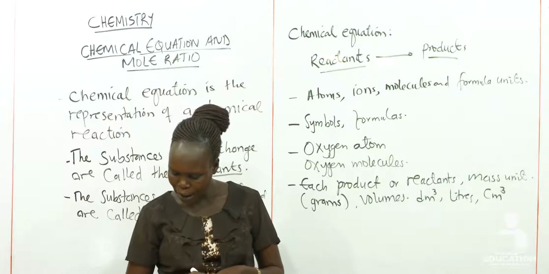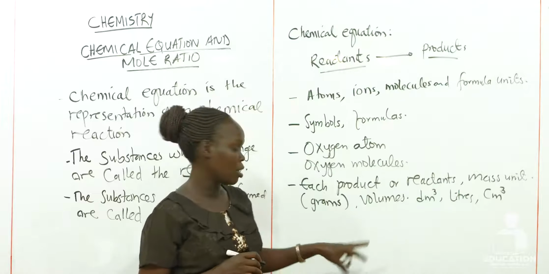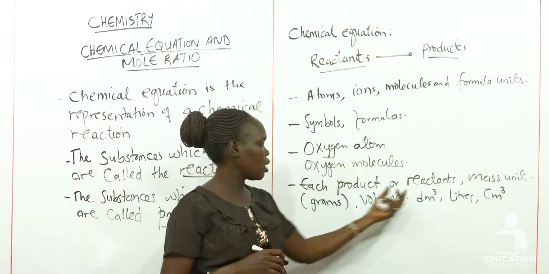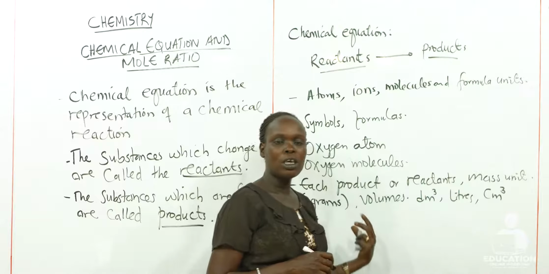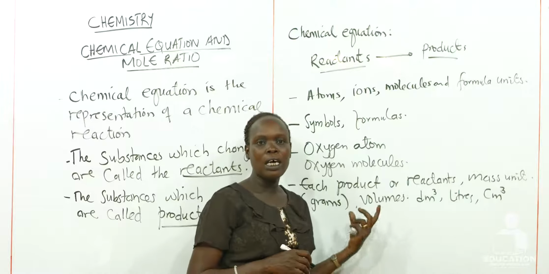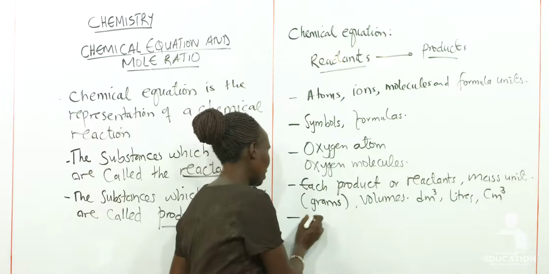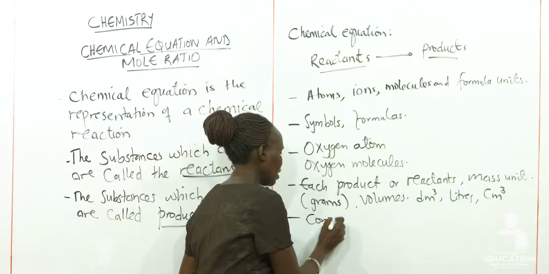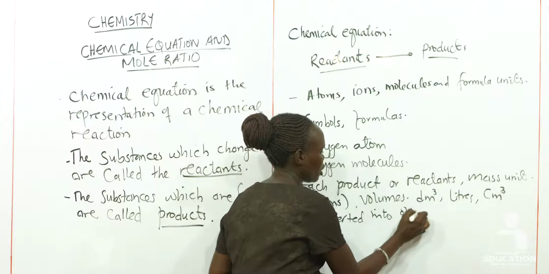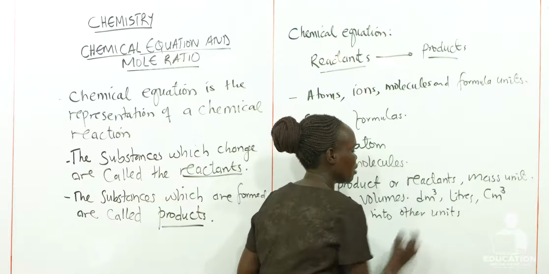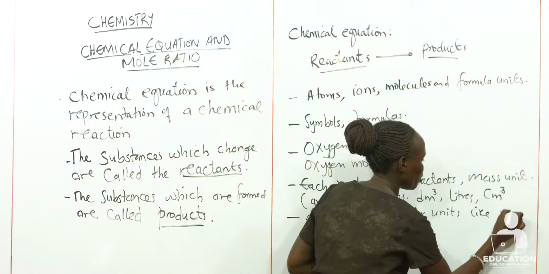Here we are saying that they can in turn be converted into other units such as moles. So the products or reactants can be represented by mass units or volume units, and these in turn can be converted into other units like moles.